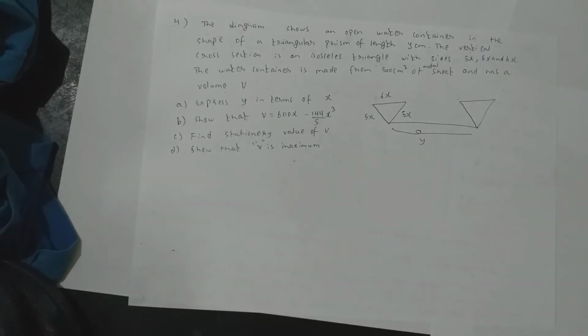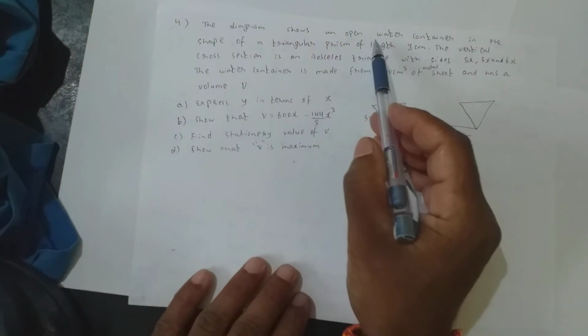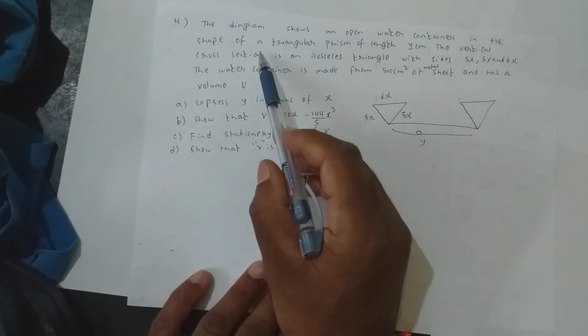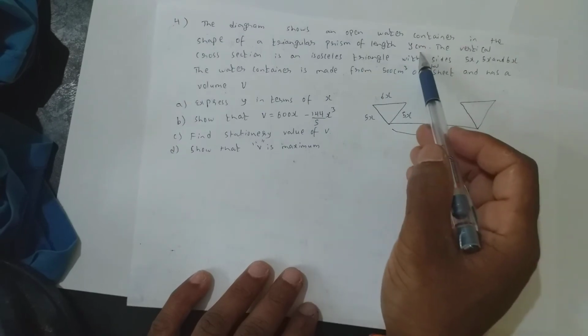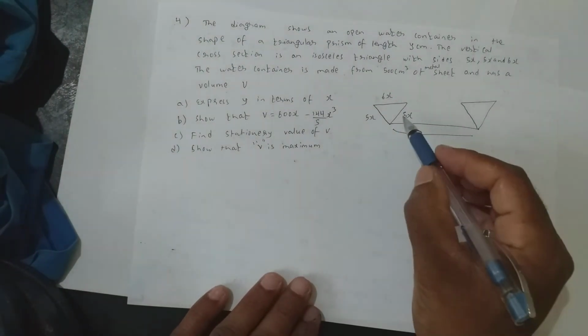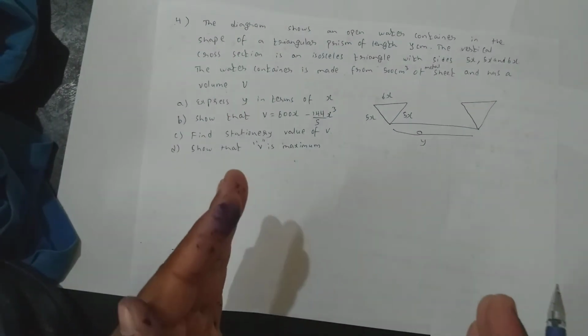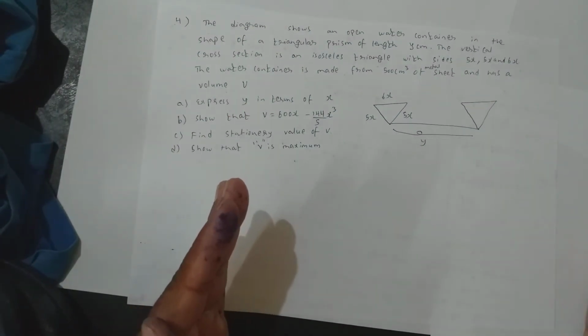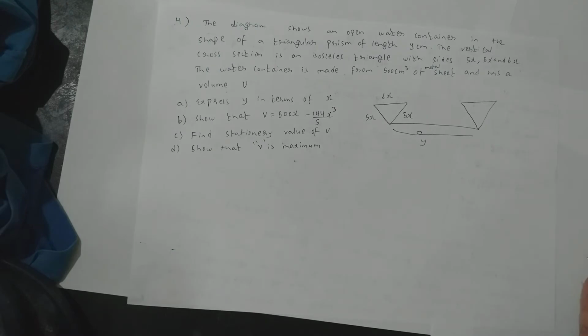Now look at the next sum. The diagram shows an open water container in the shape of a triangular prism of length y centimeter. I couldn't draw it, understand it. It's a triangular prism, triangle at the front and at the back, and the length of it is y.